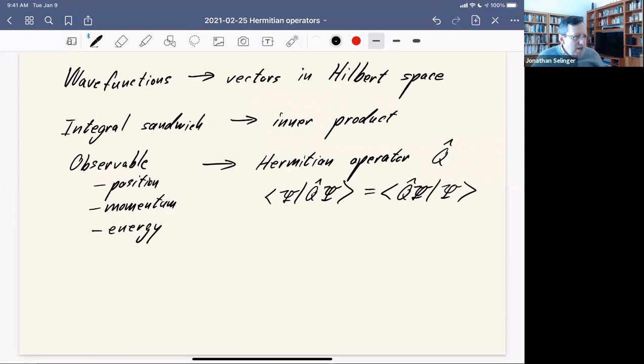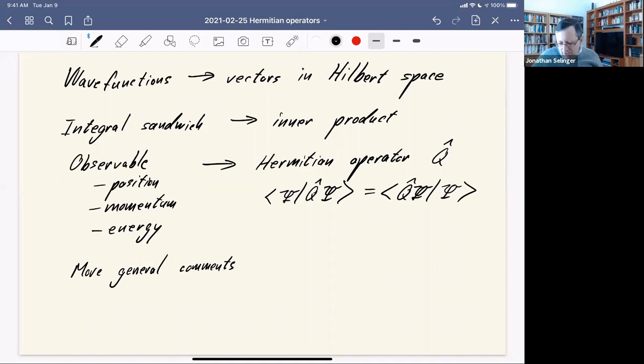And on Tuesday, I gave you some examples of operators and showed you some that are Hermitian and some that are not Hermitian. Okay, so the plan for today is I want to do a few more general comments. I gave you a bunch of general definitions, which are not the most exciting thing for a class, and then I did some examples on Tuesday.